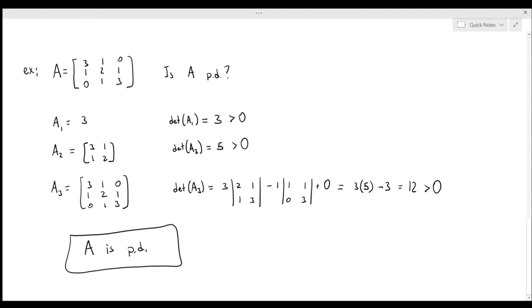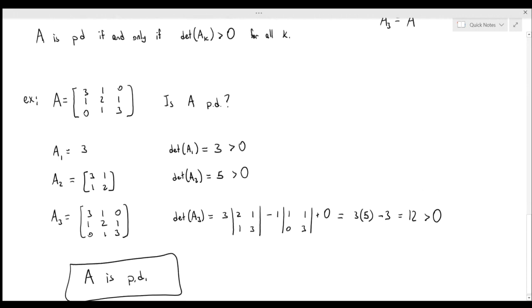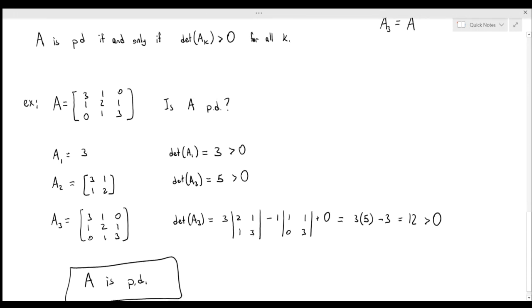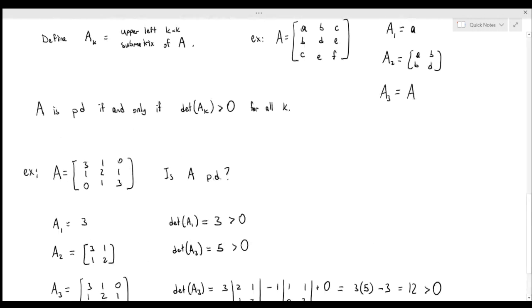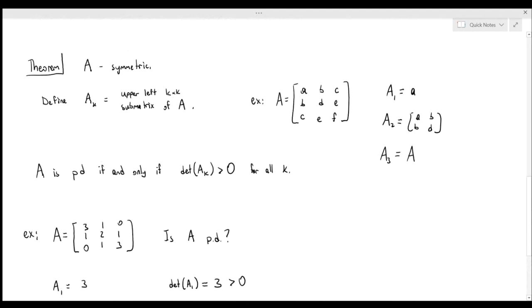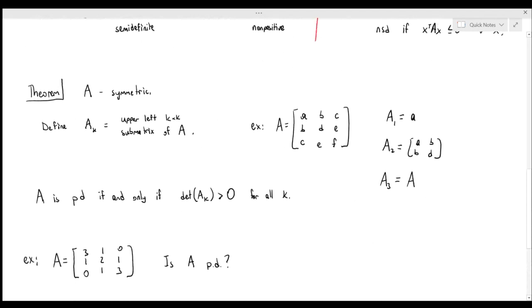So that's just a quick illustration of using this theorem to check if a matrix is positive definite. Since this matrix A is positive definite, if you were to calculate its eigenvalues, you would find that all of them are positive. That would just confirm that it was in fact a positive definite matrix.